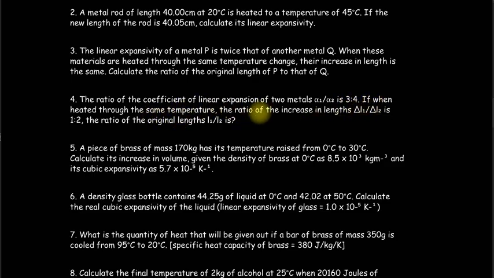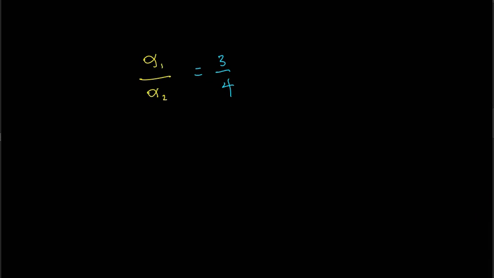When heated through the same temperature, so temperature is the same in this question, the ratio of the increase in length, delta L1 over delta L2, is 1:2. So we're just going to write that down.